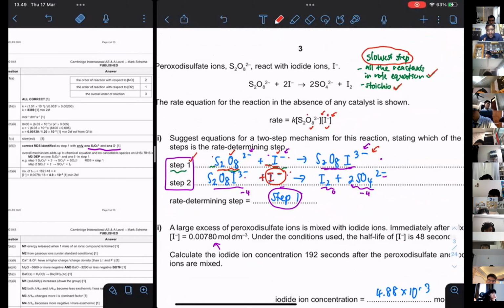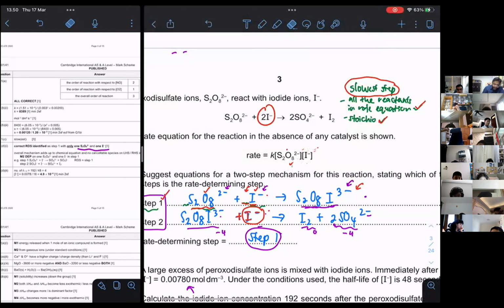Students misunderstood and end up doing this. They know this is going to be to the power of 2, so they put 2I over here. Students put 2 over there. That is wrong. You must put 1I minus only, because you follow the rate equation.